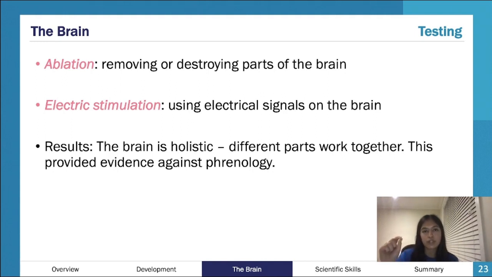But this idea of, when you stimulate the nerves in this part of the brain, what happens? How does it affect this person's functioning? Does their arm move? Do they stop talking? Do they blink, stuff like that? And that's how a lot of the understanding of what regions of the brain control what parts of the body or what functions was found out.